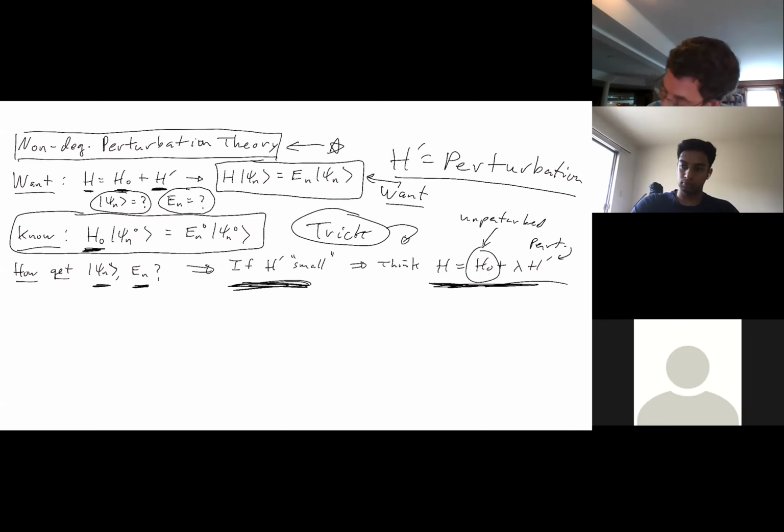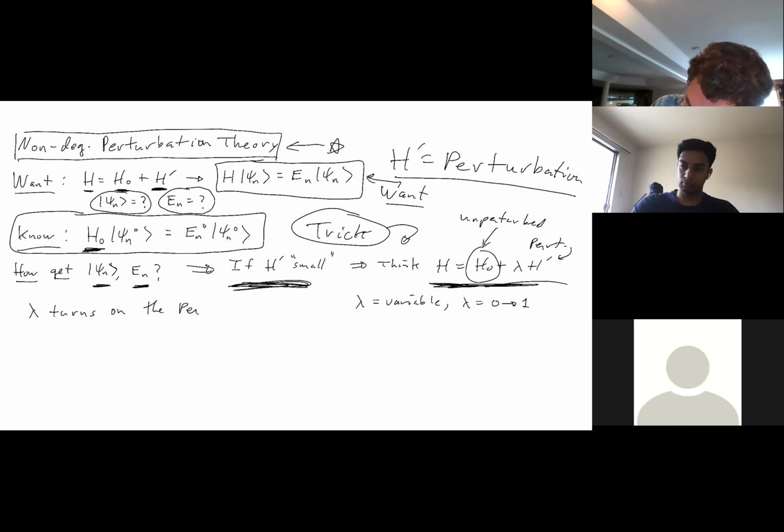And the idea is to think of lambda as a variable, and lambda goes from 0 to 1. And so the way to think of it in your mind is, think of lambda as turning on the perturbation.